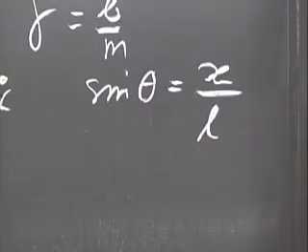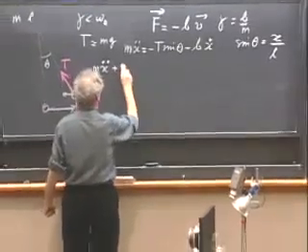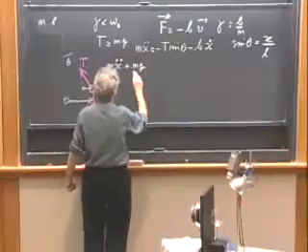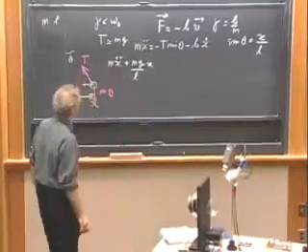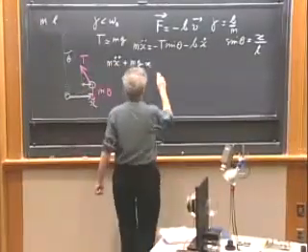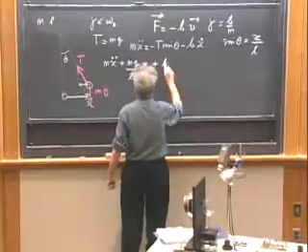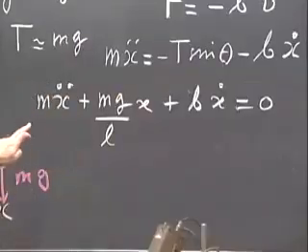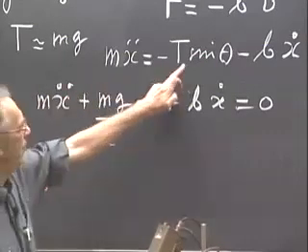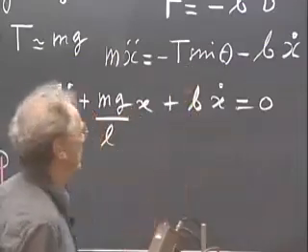So I get m x double dot plus mg divided by L times x, that is the sine of theta, plus b times x dot equals 0. Make sure I have this: m x double dot, I have the plus sign here, I have mg x over L, that's fine.